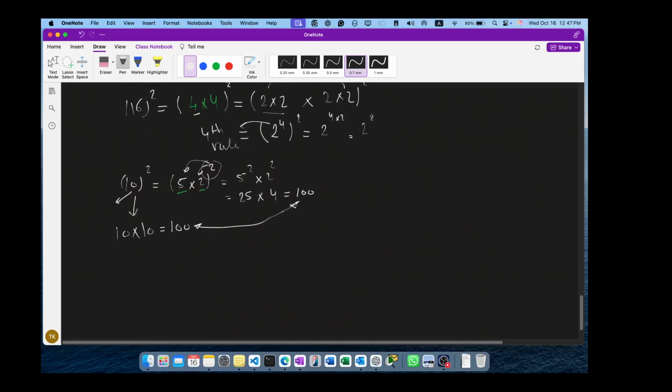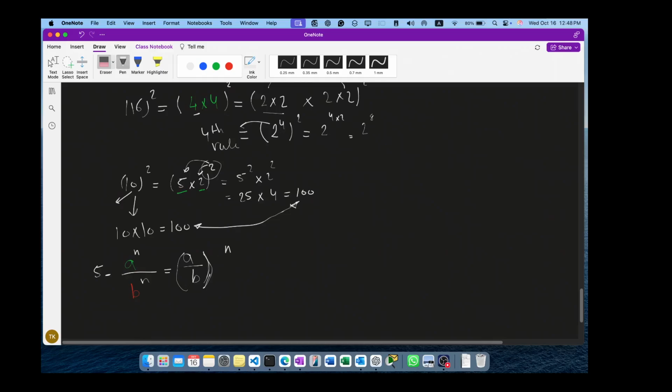Now, let's say for the fifth rule. If I have a power n over b power n, the same power but division, okay? It equals a over b, all of them to the power n.